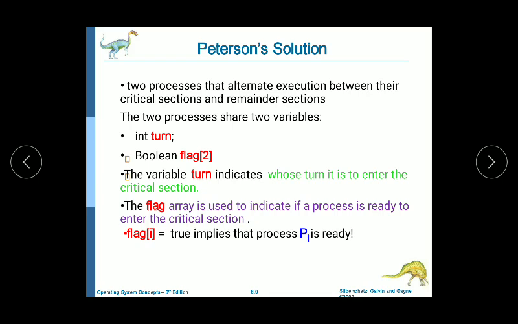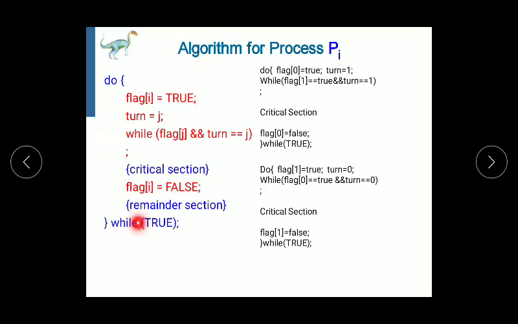Now let us see the code. This is the algorithm for Peterson's solution. Here there is an infinite loop, do while the condition is true, this is going to execute. Initially flag[i] is equal to true. To enter into the critical section, the process Pi first sets flag[i] is equal to true and then sets turn to the value j.